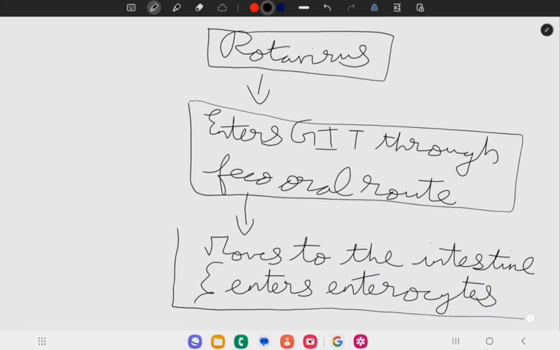Enterocytes are cells of the intestinal lining.